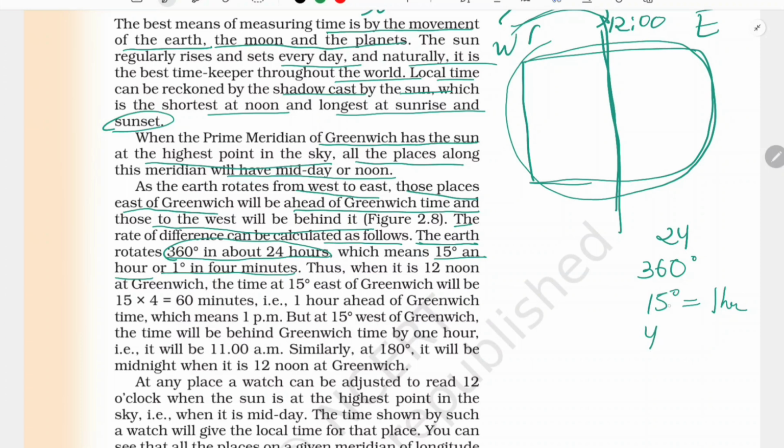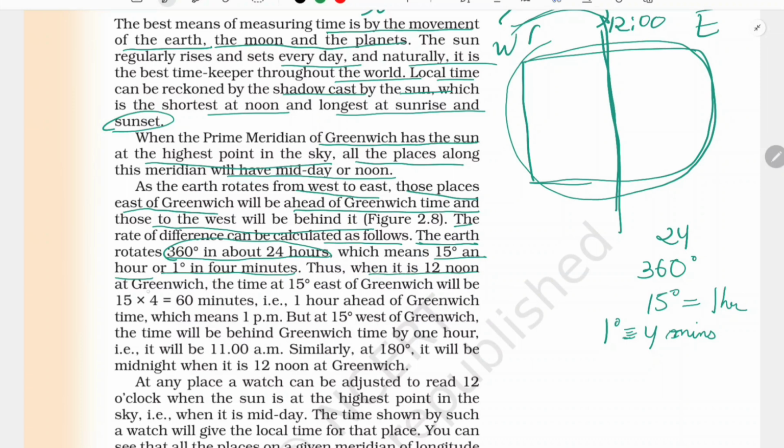In 1 hour there are 60 minutes, so 15 divided by 60 is how much? 0.25 hours, that is, 4 minutes. So 1 degree is equal to 4 minutes. I hope this is clear.